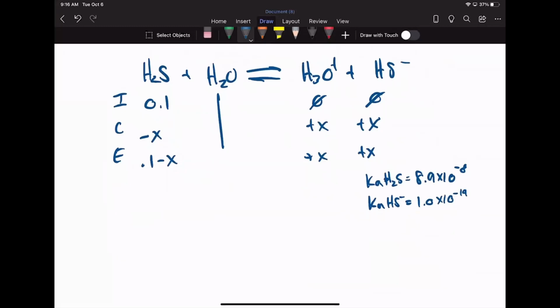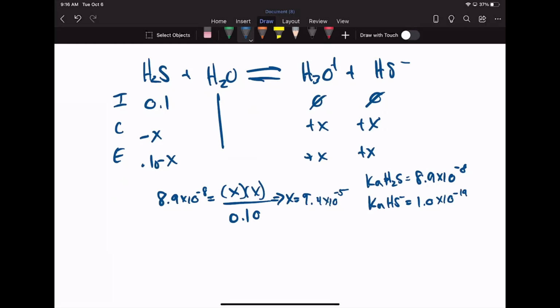Is my Ka a lot less than 1? Yep, absolutely. So we can go 8.9 times 10 to the minus 8 is going to equal x times x divided by 0.10. So here x is going to equal 9.4 times 10 to the minus 5.